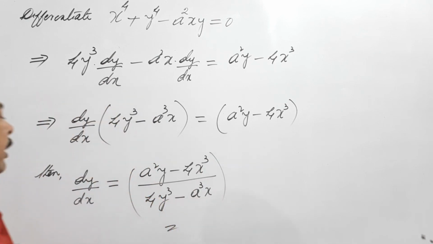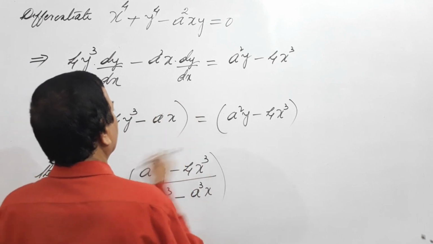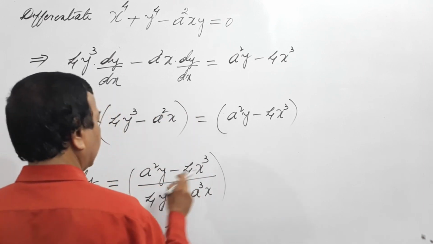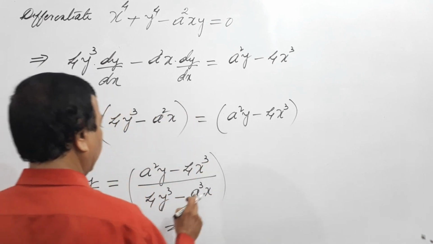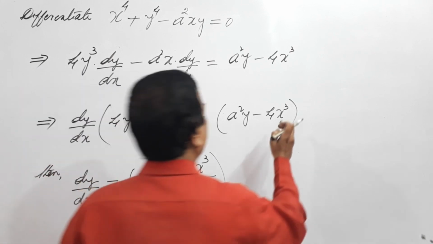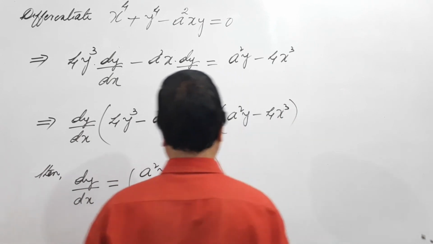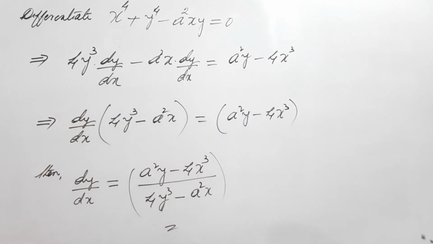This is the required answer. In this it is a square, and this also a square, and this also becomes cube.